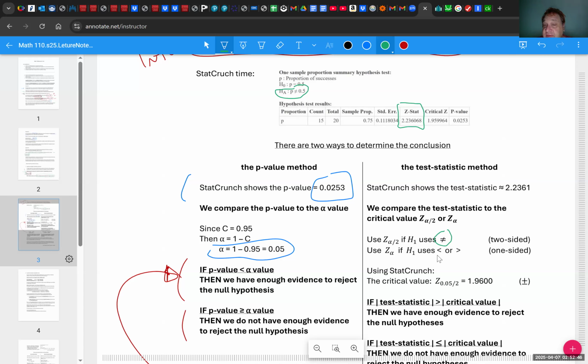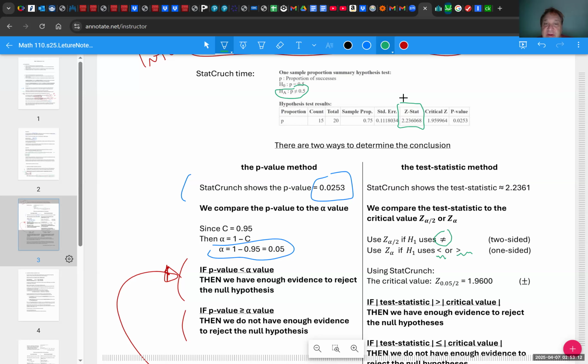If you are just using a less than sign or a greater than sign, then you just do z alpha. In our case, our alpha level is 0.05, so we do z of 0.05 divided by 2.